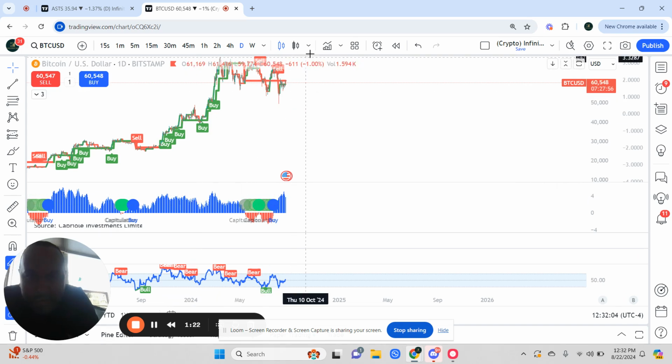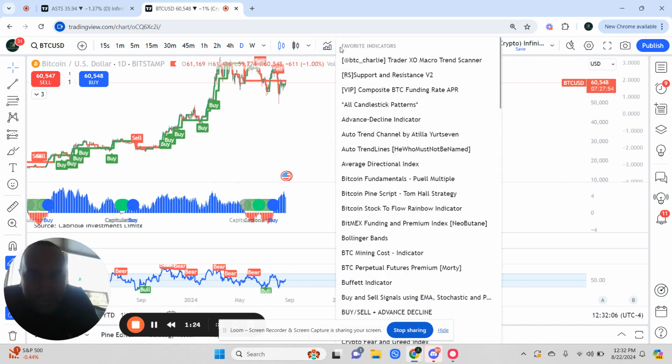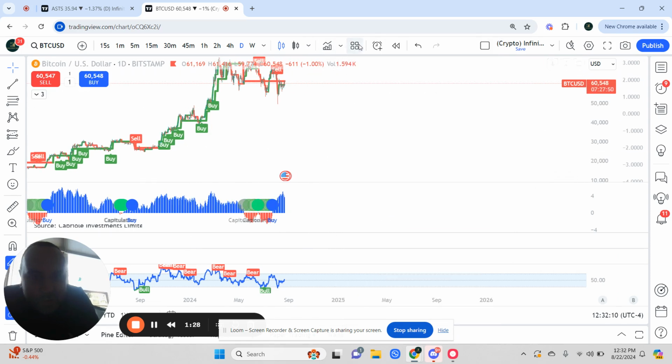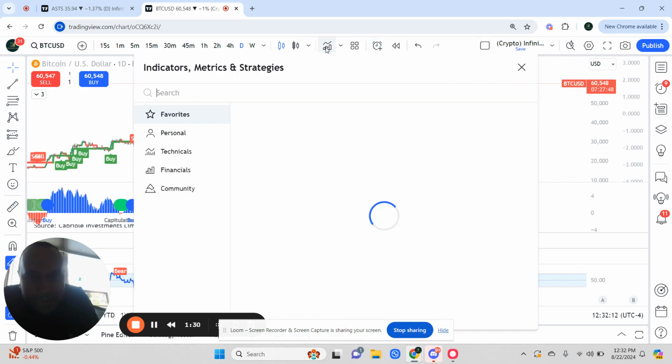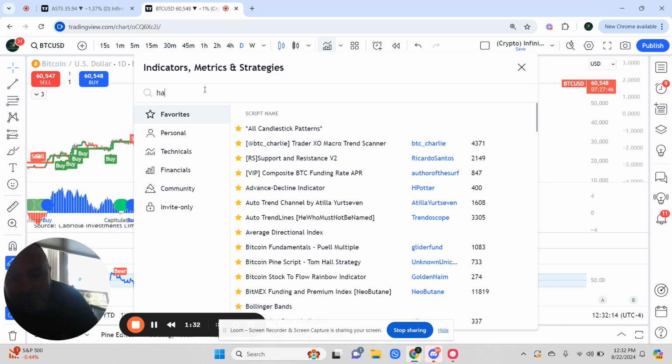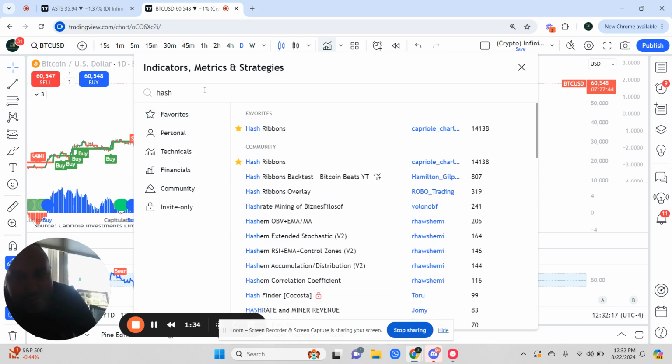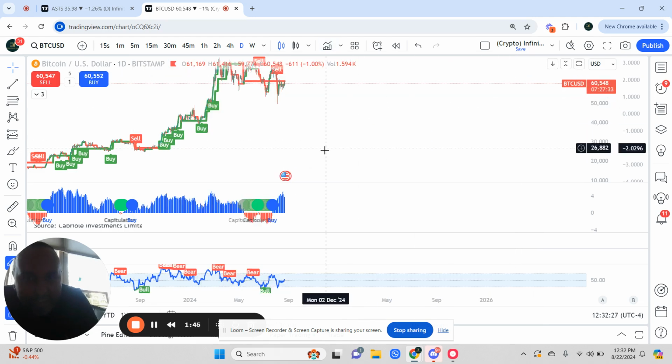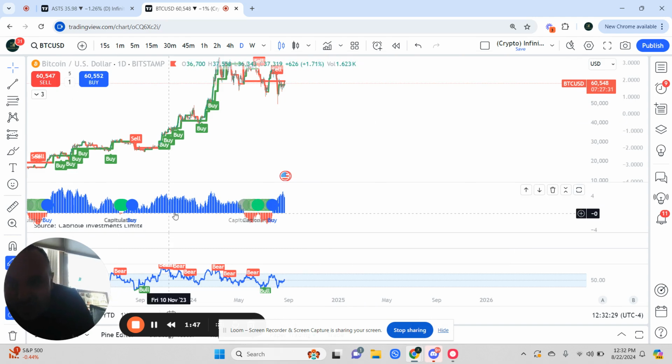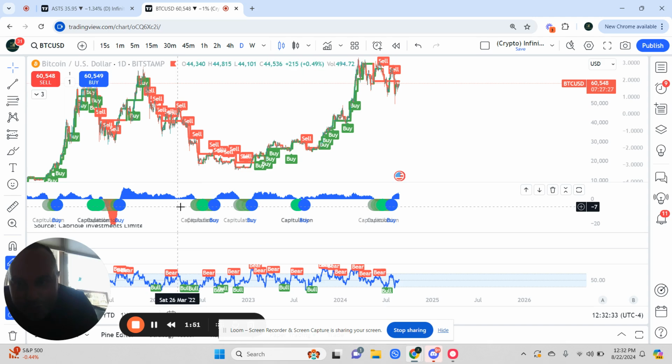Simply go to your indicators, search hash ribbons, and it's the one that just says hash ribbons in plain text that I use. Click on it, and it'll pull right up, and you'll get this indicator that looks like this right here.